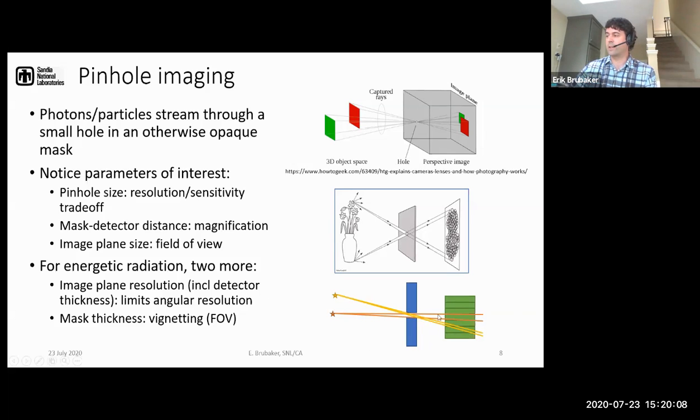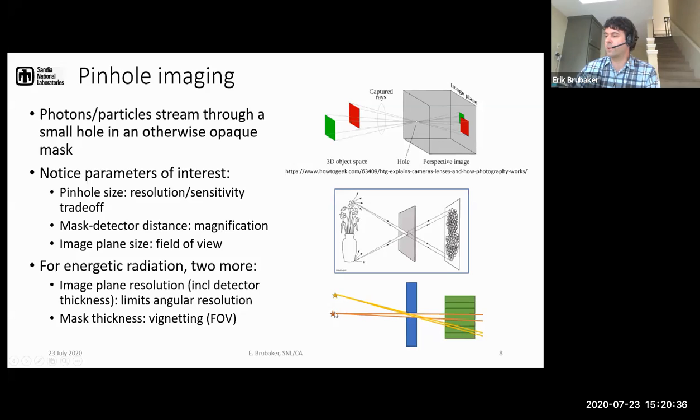So you can see from this picture here, there's an image plane resolution in general, compared to photographic film. Position-sensitive detectors for neutrons and gammas tend to have a different kind of resolution, and that's partly just due to the typical size of an element, but also due to the thickness.